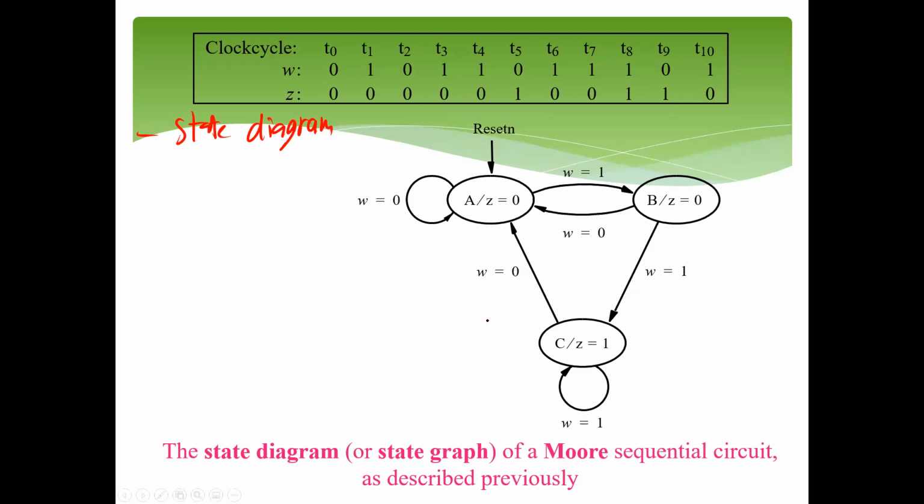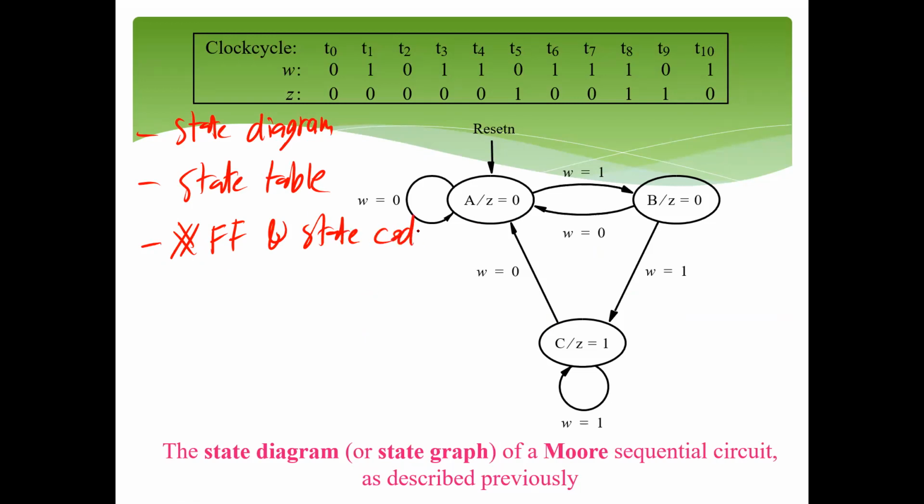After you read the problem description, you should be able to draw the state diagram. So you create the state diagram, and then from that you create the state table. After the state table, you should determine the number of flip-flops you need and the state codes. Each state should have a code in binary.